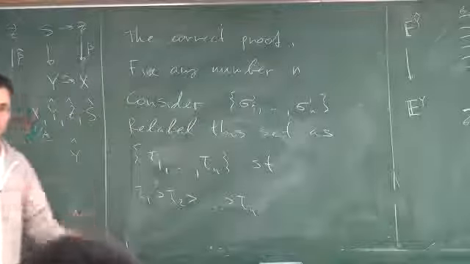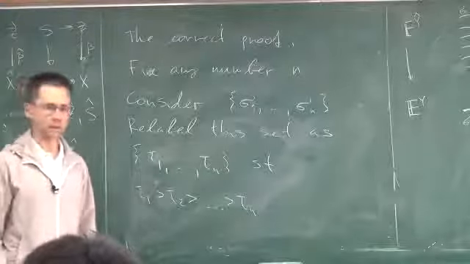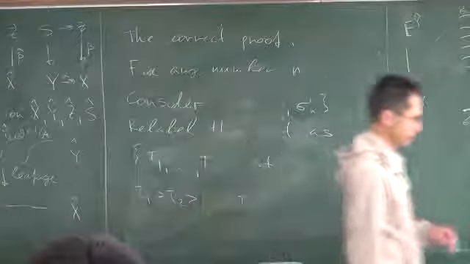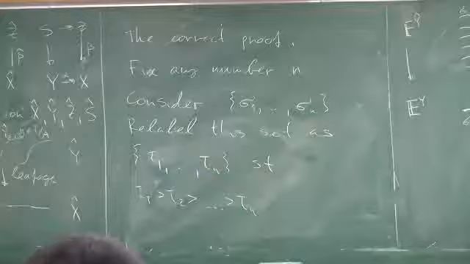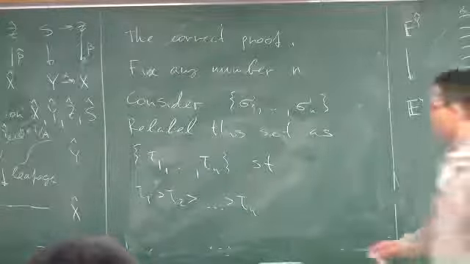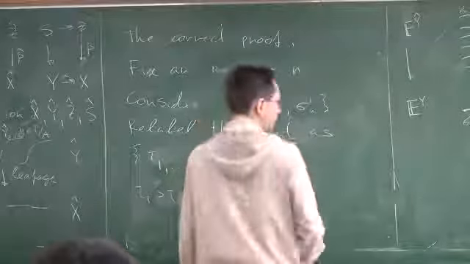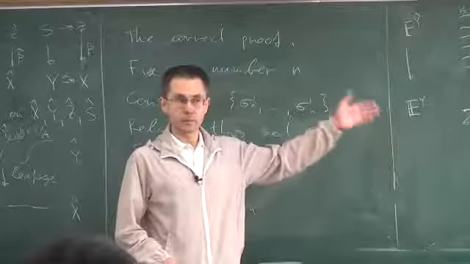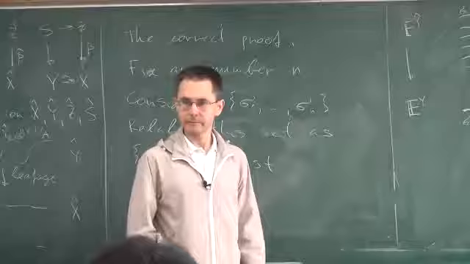So you just relabel, you re-enumerate this finite set. It's possible to do for a finite set. It's not possible to re-enumerate this infinite set, but we can do it with finite sets. And now you run exactly the same argument, but with taus instead of sigmas.